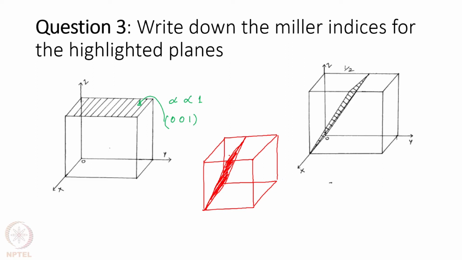So this plane is passing through the origin O. Once a plane is passing through origin O, we must shift the origin to a suitable position. So if we now shift the origin to this point and consider the plus direction of x, y and z.